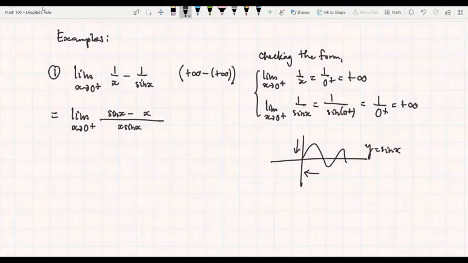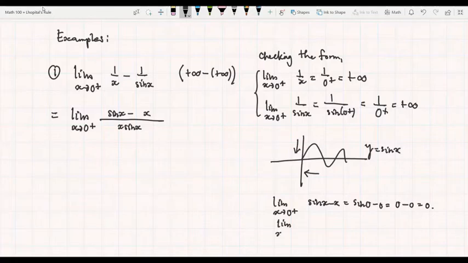So now, let us check the form of this limit. So we have the limit as x goes to 0 plus of sine x minus x. So this is nothing but sine 0 minus 0, or 0 minus 0, so we get 0. And then for the denominator, we have the limit as x goes to 0 plus of x sine x.